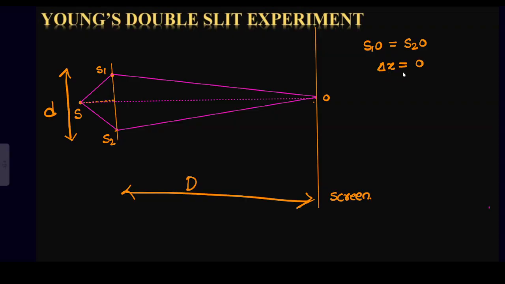Yes, the path difference delta x is 0. That means the phase difference is also 0, right? So at this point, constructive interference will happen. Yes or no? If constructive interference happens, is the intensity maximum or minimum?